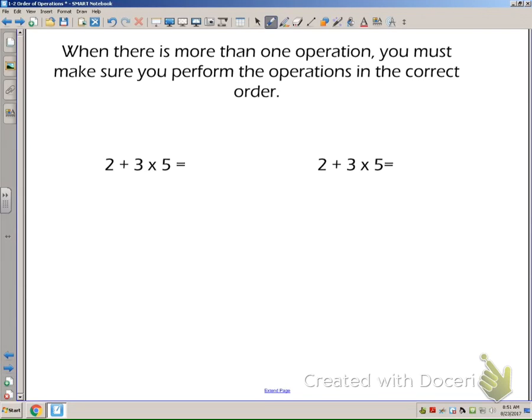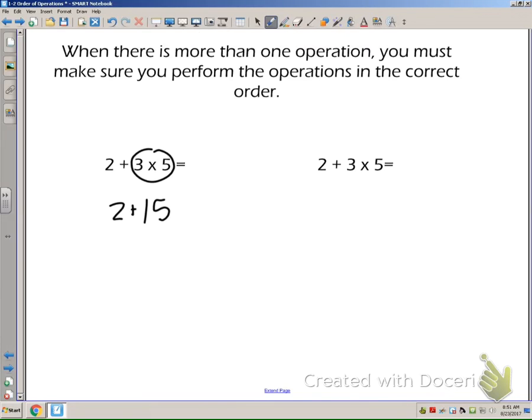So when there is more than one operation, you have to make sure that you perform the operations in the correct order. For example, in this first problem, I've got addition and I've got multiplication. You know from past math classes that you multiply first, then add. Let's look at why. If I multiply first, I get 15.